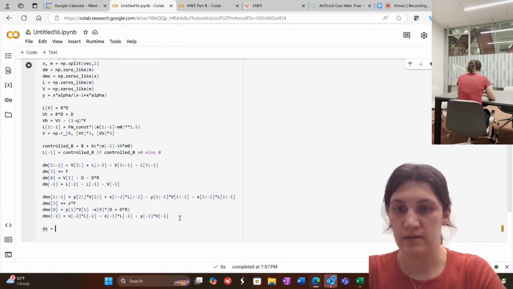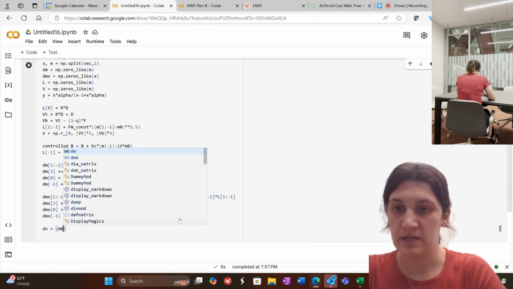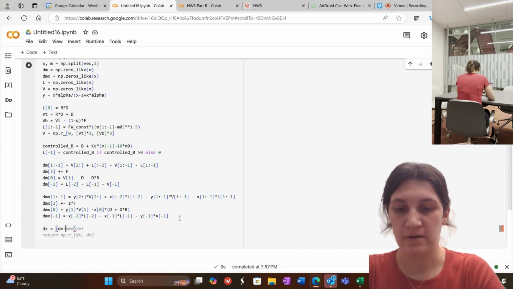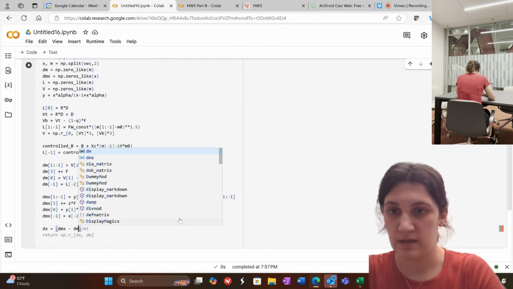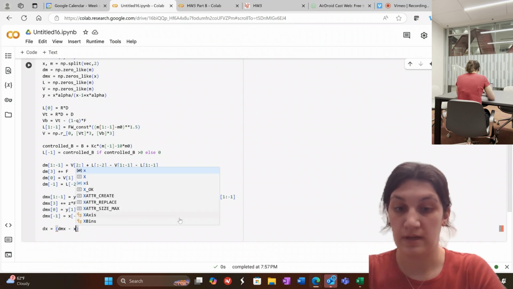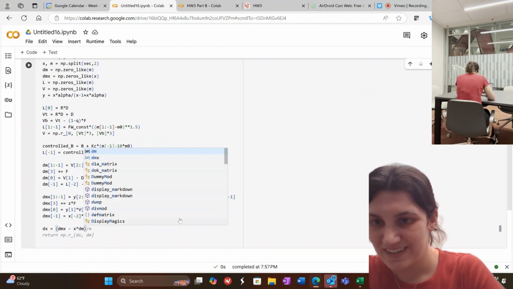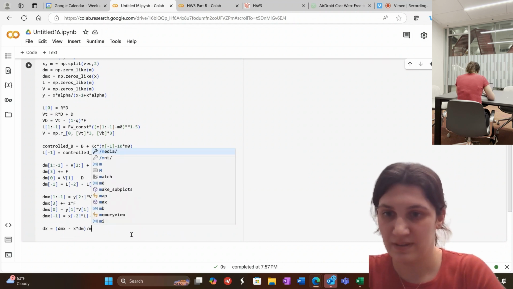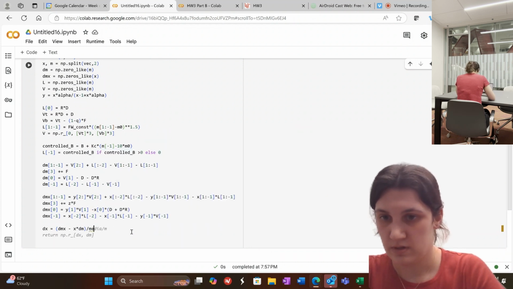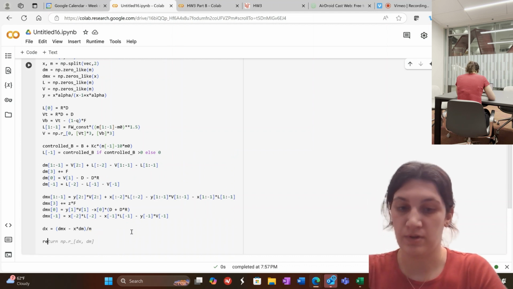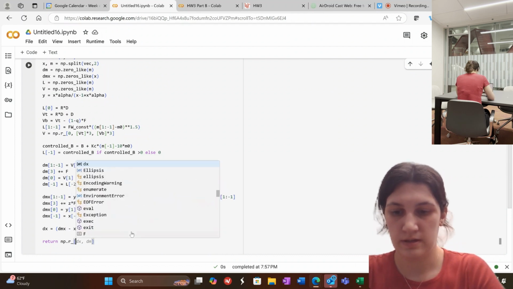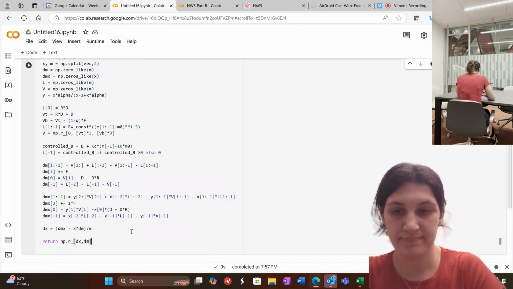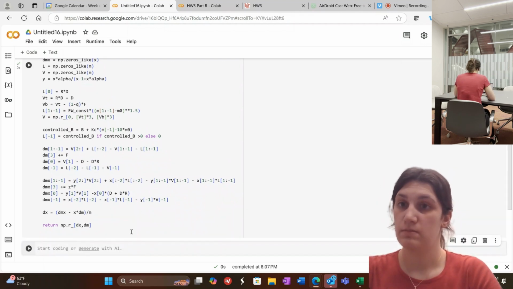So dx is equal to dm x minus x times m, which is x times dm, divided by m. Then we're going to return np.r_ of dx, dm. And hopefully that works.